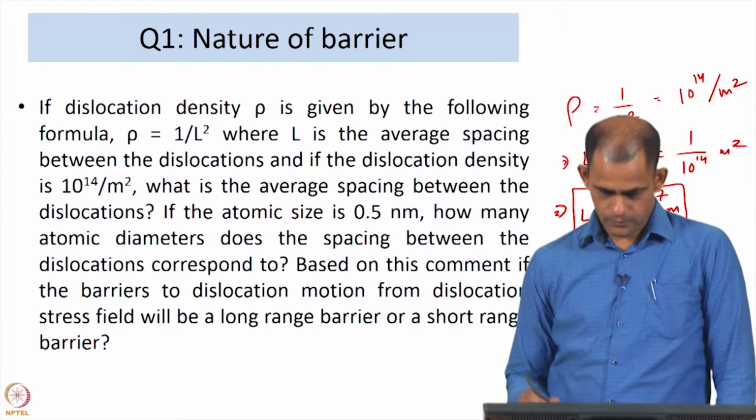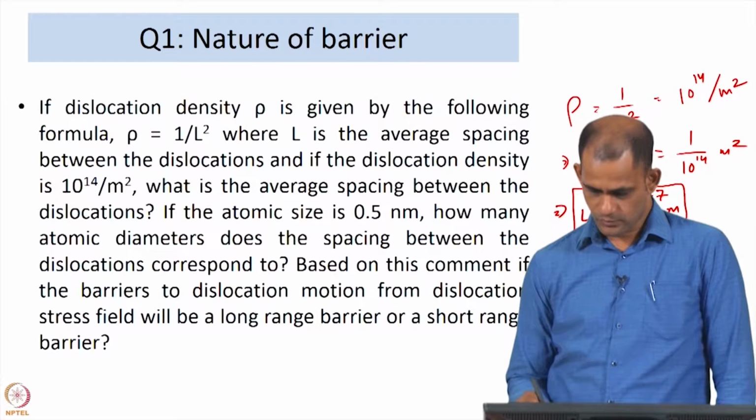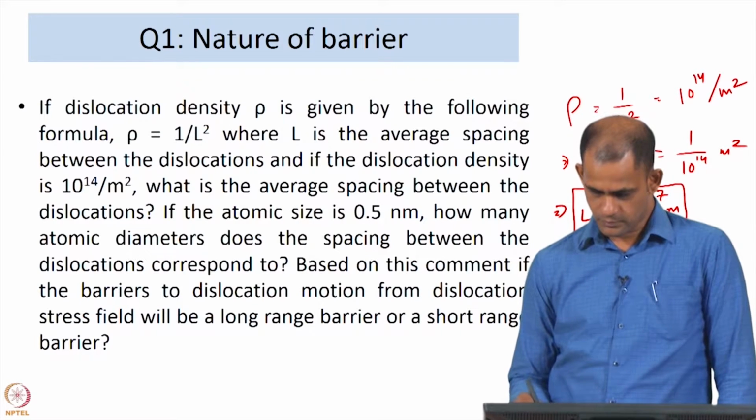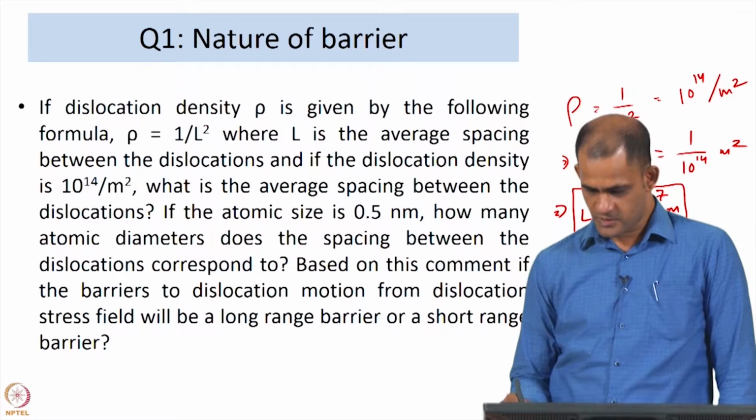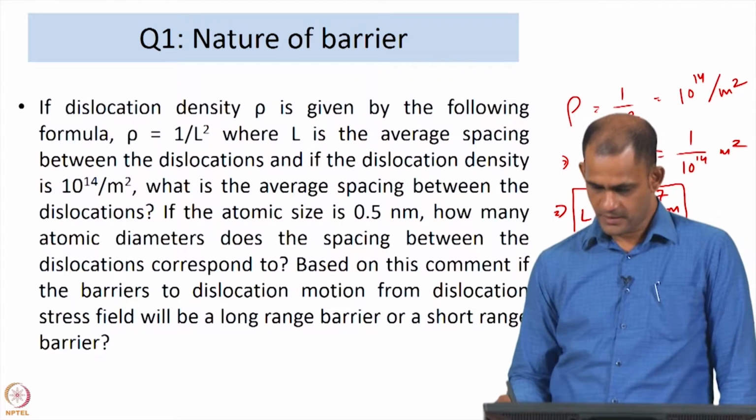So, 0.5 nanometer corresponds to 1 atomic diameter.